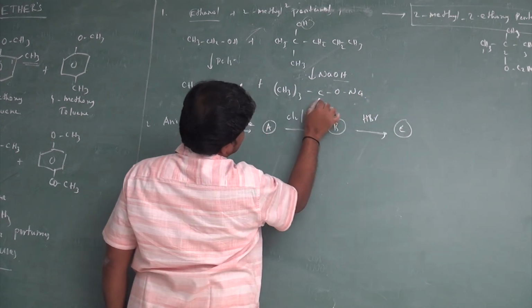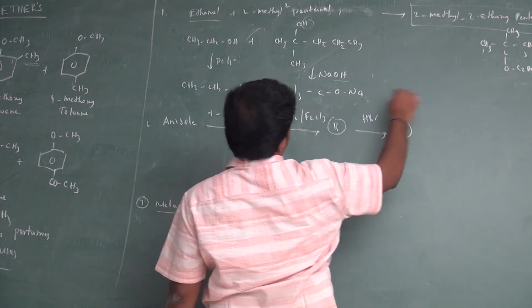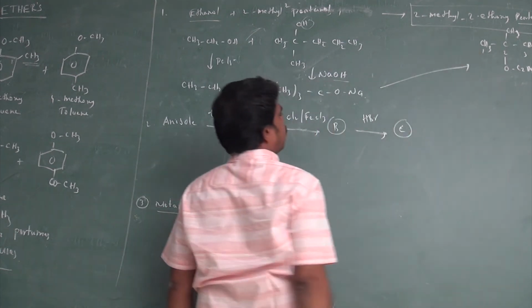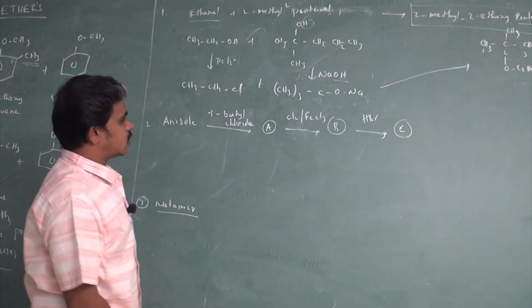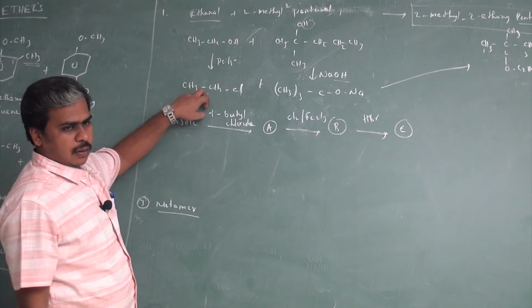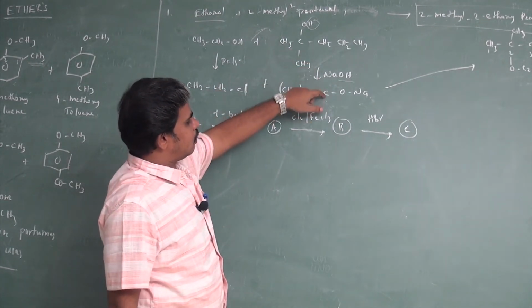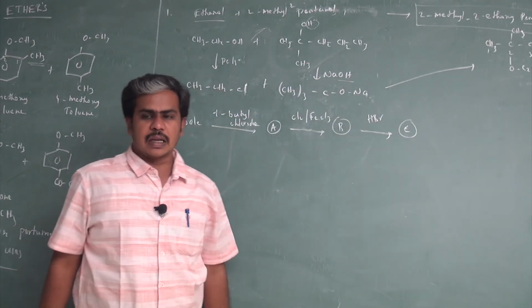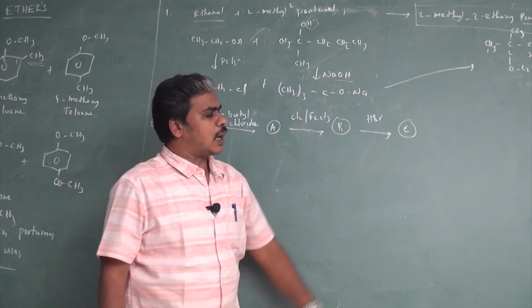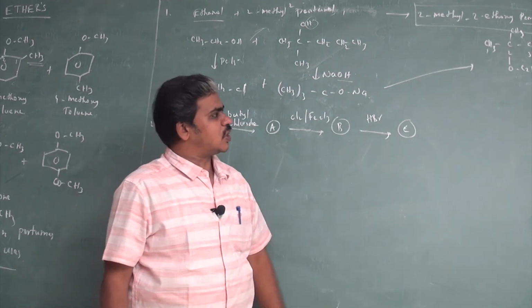So, it is tertiary alkoxide and primary alkyl halide, then we are getting the product. So this ethanol is treated with PCl5 to give ethyl chloride, and this tertiary alcohol is treated with NaOH, and it gives alkoxide. So it contains primary and also tertiary.